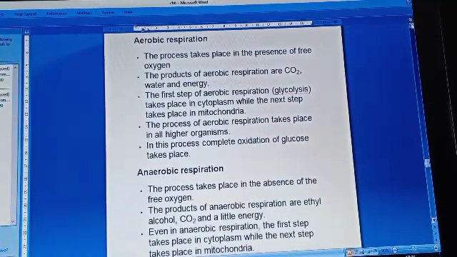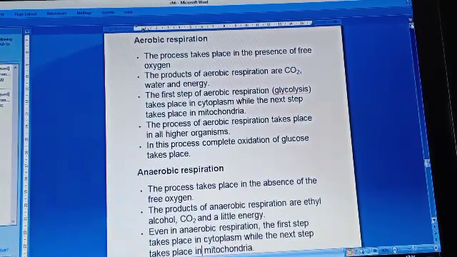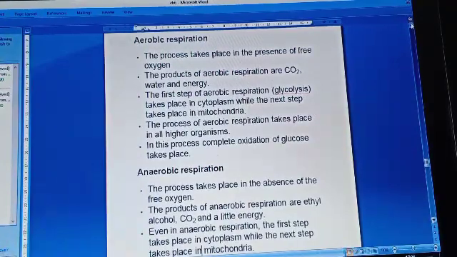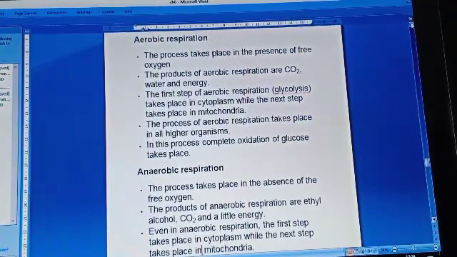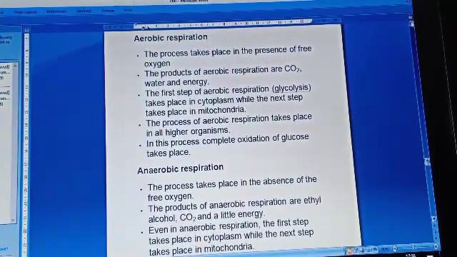In both aerobic and anaerobic respiration, the starting processes occur in the cytoplasm and then after it they differ. So you can write down that the first step of aerobic respiration takes place in the cytoplasm, and the next step occurs in the mitochondria.